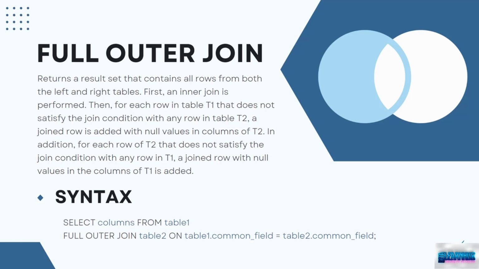In addition, for each row of T2 that does not satisfy the join condition with any row in T1, a joined row with null values in the columns of T1 is added. The Venn diagram shows us that it outputs all records from both tables regardless if they match or not.